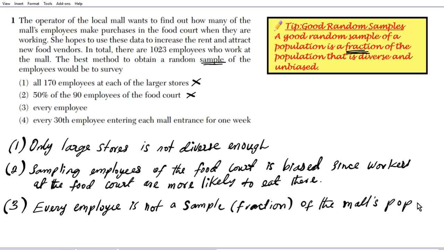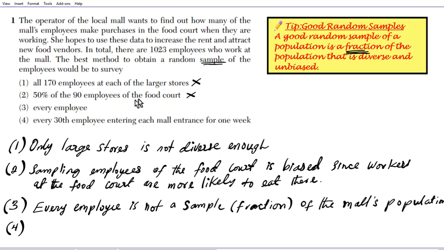All right, let's take a look at the last option, option 4. Every 30th employee entering each mall entrance for 1 week. This is excellent. Why is this excellent? Well, first of all, take a look at which employees have been selected. There's no criteria associated with them.